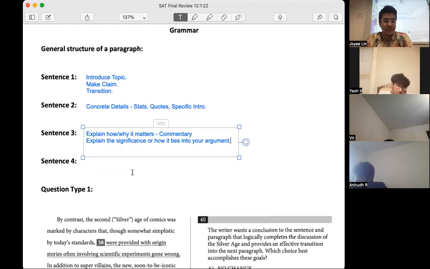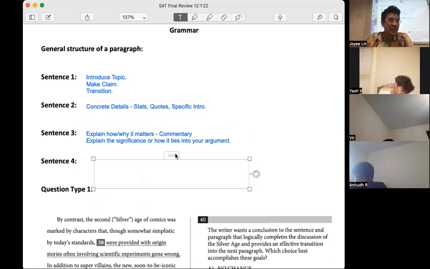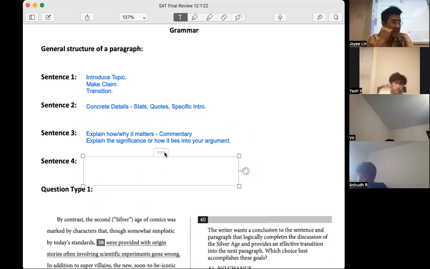Why does it matter? And then what do we do? They say conclude, that's how they teach you in an essay, but typically we don't conclude. What do we do instead? Transition to the next one. That's typically the structure. So on the writing section, the transition sometimes comes at the end of the paragraph, sometimes at the beginning. We don't know where, so it could be either place.